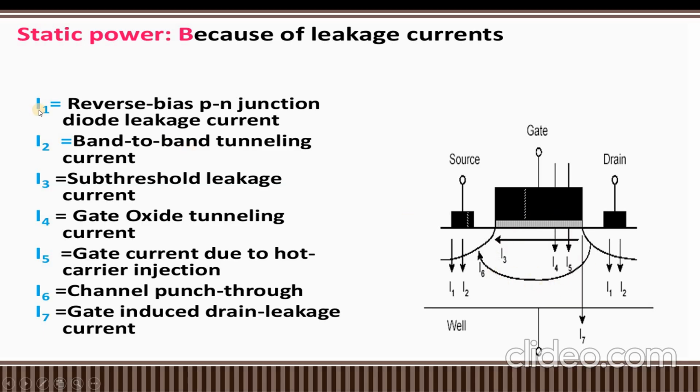First one is I1, a reverse bias PN junction diode leakage current, and the second one, I2, band to band tunneling current, I3 subthreshold leakage current, I4 gate oxide tunneling current, I5 gate current due to hot carrier injection, I6 channel punch through, I7 gate induced drain leakage current. So all these are the various leakage currents occurring in this particular MOSFET device.